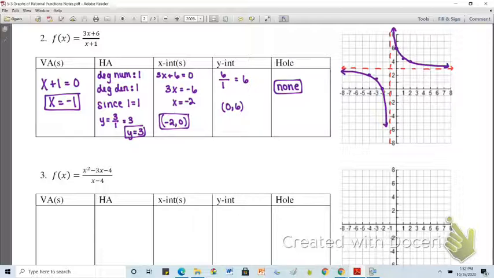And there's our graph. Now let's try one where we do have to factor and cancel something out.